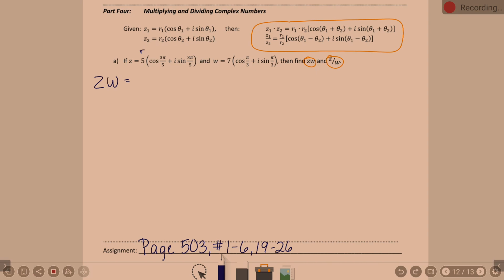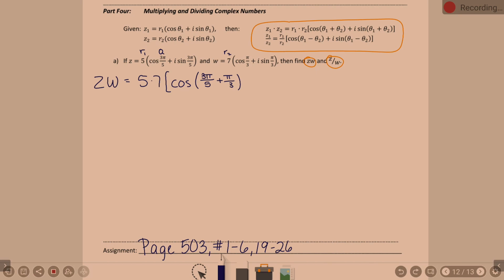That means 5 and 7 are my r's, so they are my r1 and r2. So 5 times 7, and then times cosine, and then it's theta 1 plus theta 2.